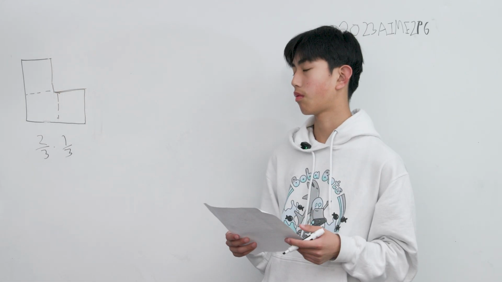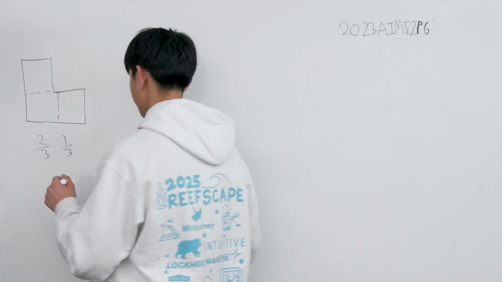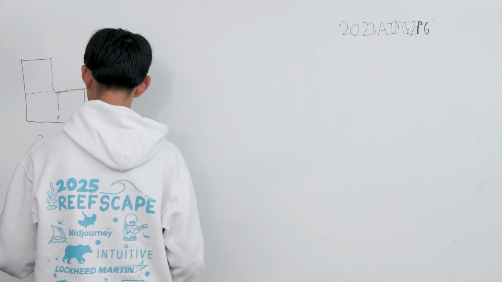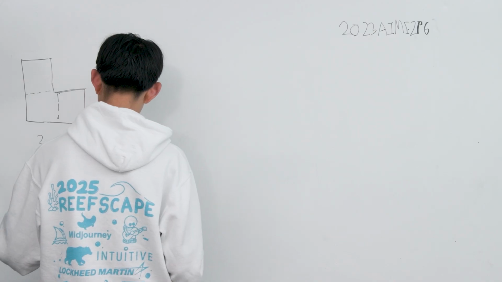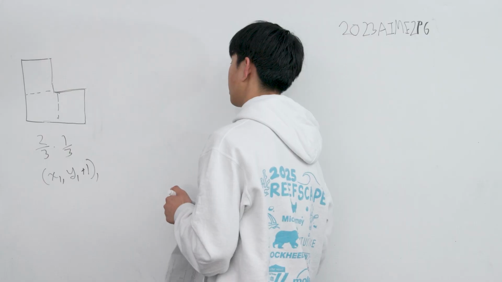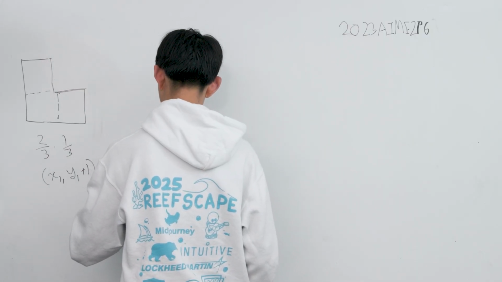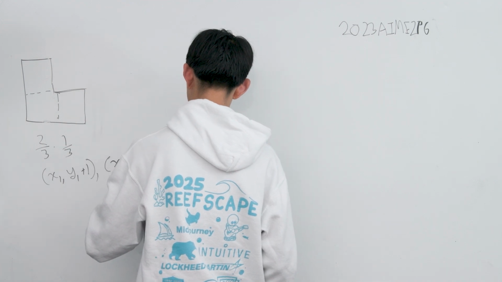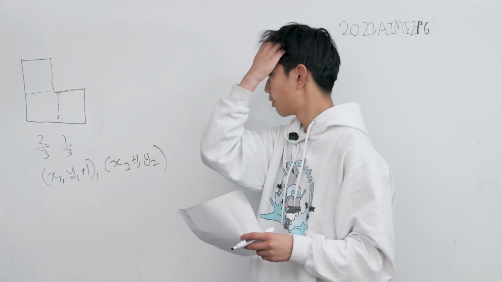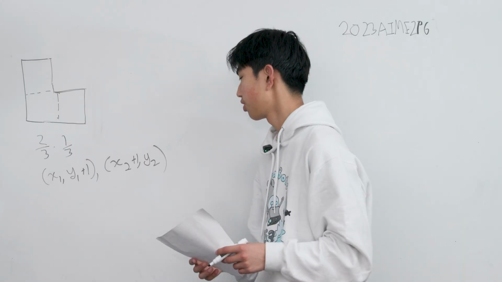Now let's call the x and y coordinates of these points. Let's set the coordinates for one of the points to be x1, comma y1 plus 1, because that's the point in the top square, and then the other one is going to be x2 plus 1, comma y2, because that's the point in this one, where it's translated 1 unit this way.